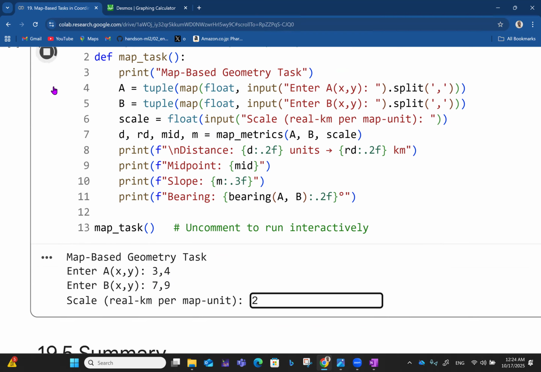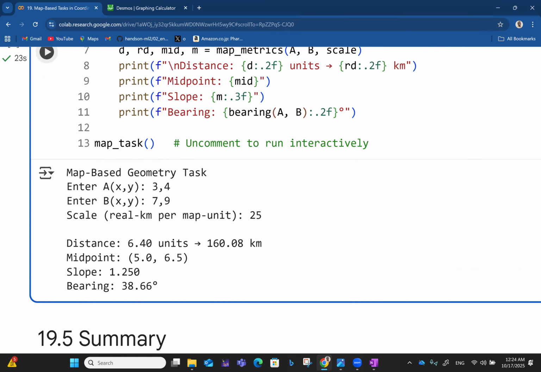So let me say 20, let's say 25. And then it just takes that and computes the distance between the two to be 160.08 kilometers. The midpoint is 6.5, and the slope is 1.25, and the bearing is 38.66 degrees.